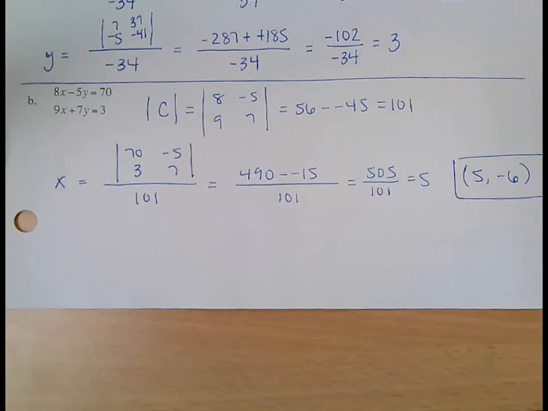All right, so for part B, I need your attention, please. My work just shows how to find x with Cramer's rule, and then you could just substitute it into one of your equations to find y, or you could use Cramer's rule to find y. But 5, -6. Are there questions? I know some of you weren't quite done when I walked around.